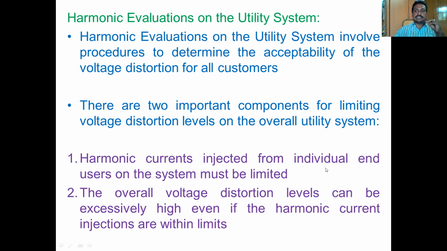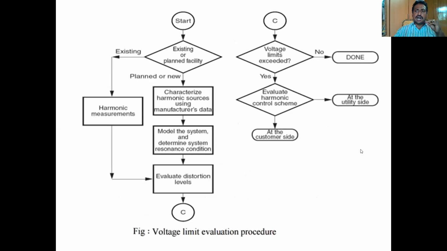Why? Because of sudden application of switching loads, meaning inductive loads. Due to that also it is happening. How to see this? First you see whether the system is existing or you want to plan. If the system is already existing, directly go to the harmonic measurements.